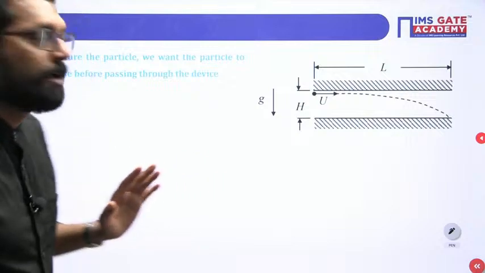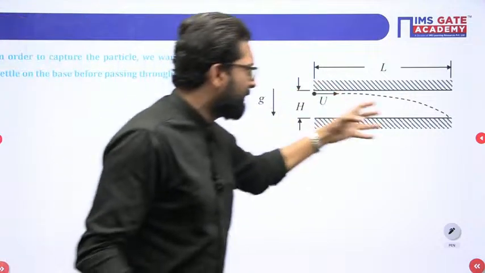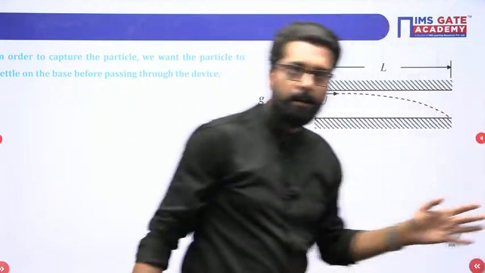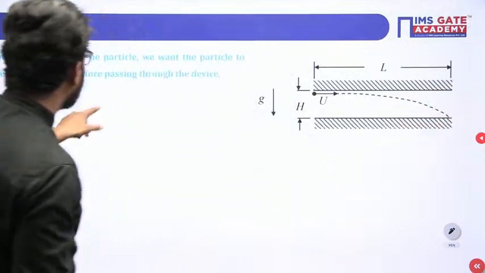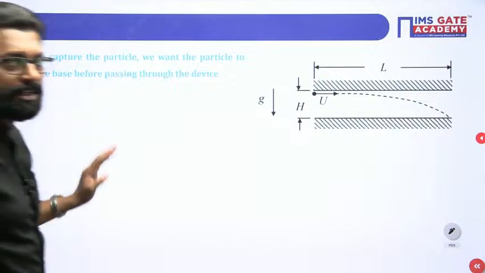So in order to capture the particle, it must be inside the channel and not go beyond it. We want the particle to settle on the base before passing through the device.